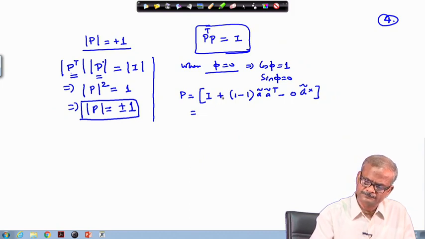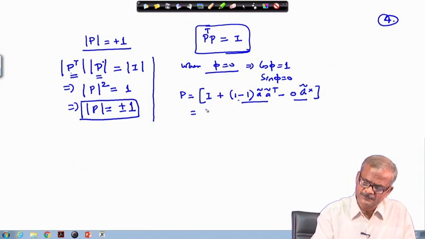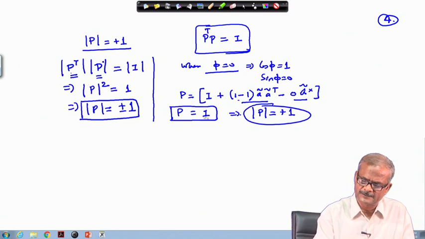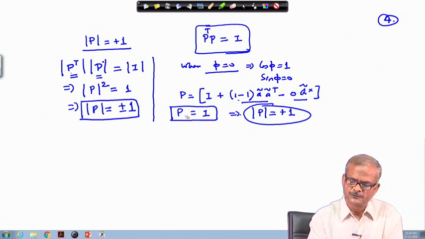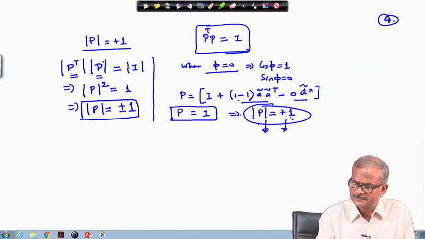So, here this part is 0, this part is 0, and P equal to I, okay. And this implies the determinant of P equal to plus 1. Okay. In this case, it is very simple. Because this is a rotation matrix, its determinant is plus 1.